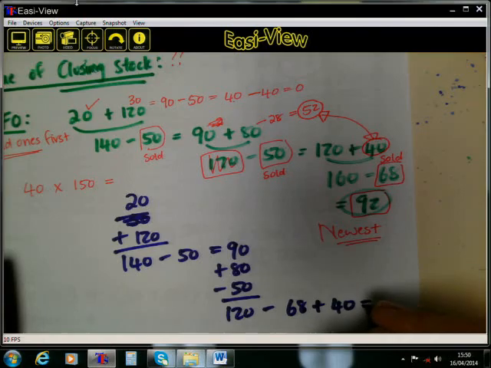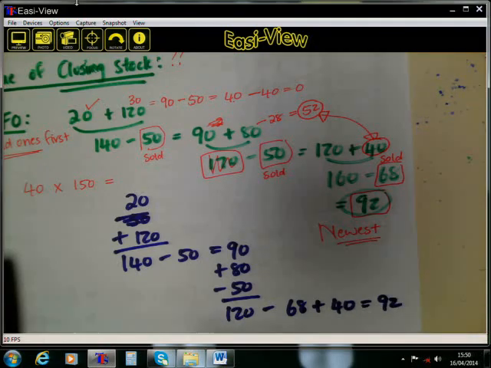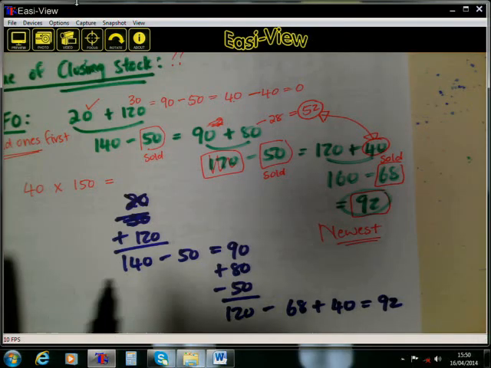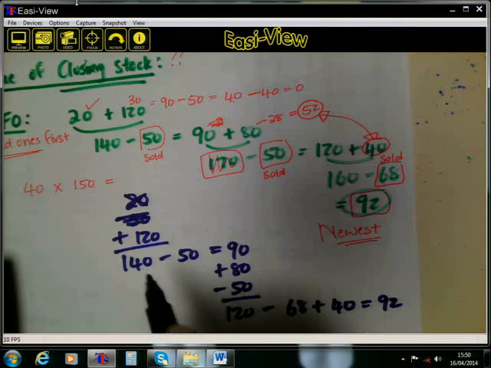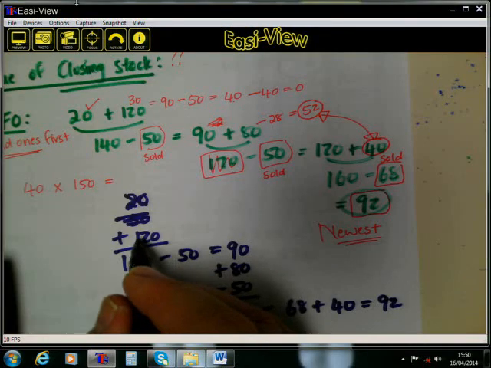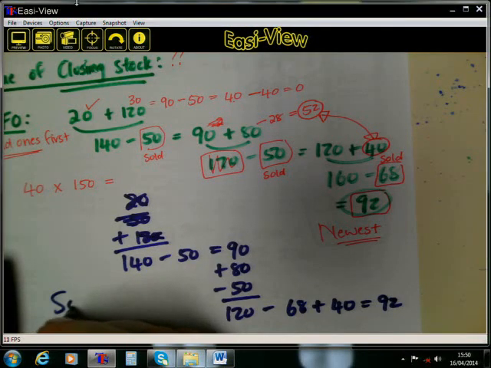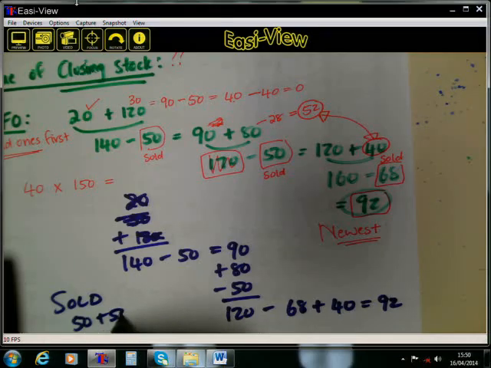And that gives us the 92. We sold that 20, and we sold that 120 as well, because we sold 50 plus 50 plus 68. That gives you 168.